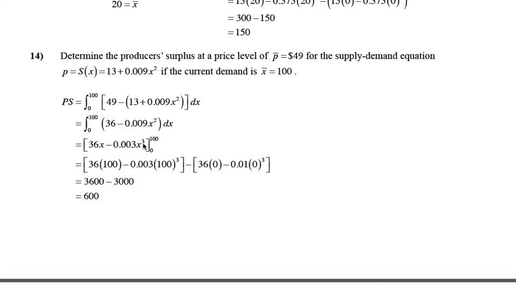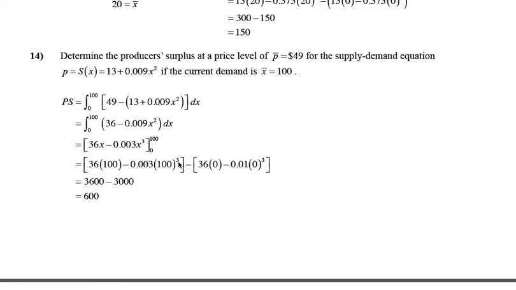And so x is now raised to the third power. The reciprocal of 3 is 1/3, and you multiply 1/3 times 0.009, and that gives you 0.003. So our antiderivative is 36x minus 0.003x cubed. When we evaluate that expression at 100, we have 36 times 100 minus 0.003 times 100 cubed.